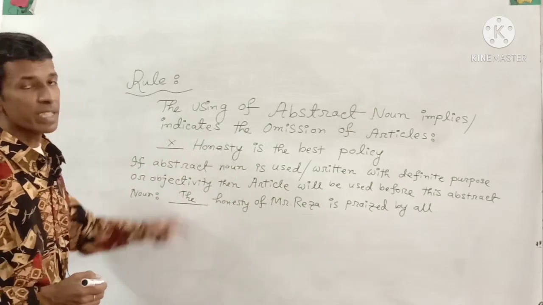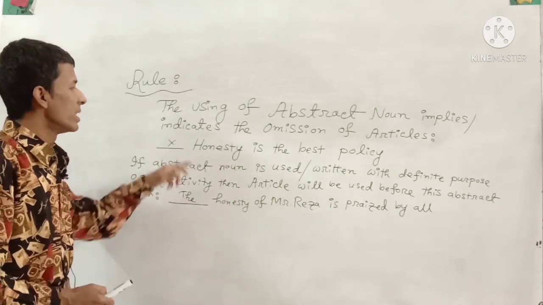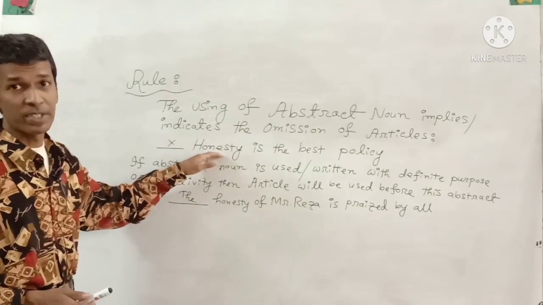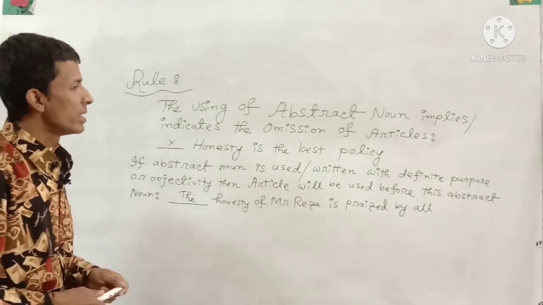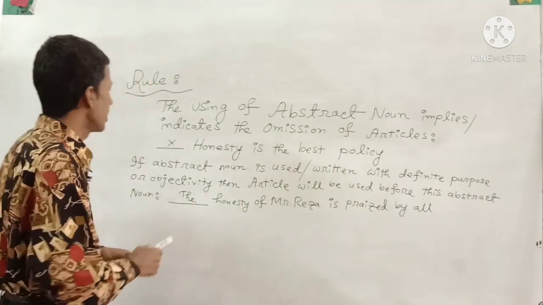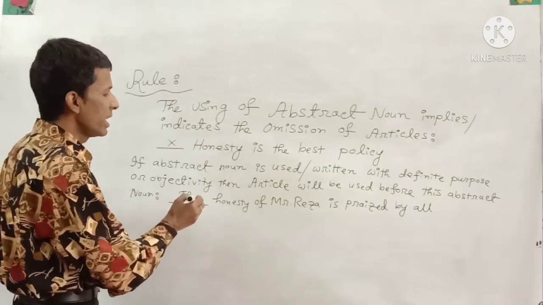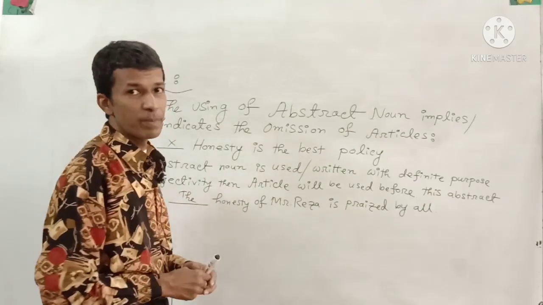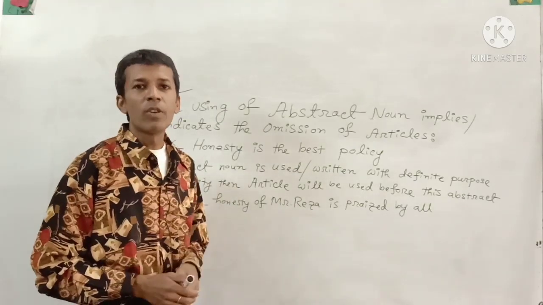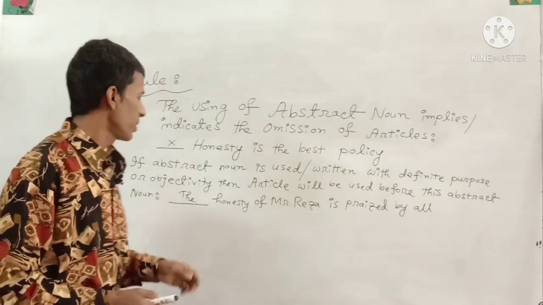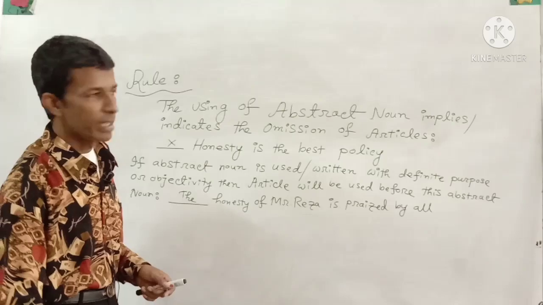So where lies the difference between these two examples? In the first example, honesty is written as abstract noun but without any definite purpose. As a result, omission of article is used here. But in the next example, honesty is used here for only a definite person, that means Mr. Reja. As a result, I have used here the definite article the.